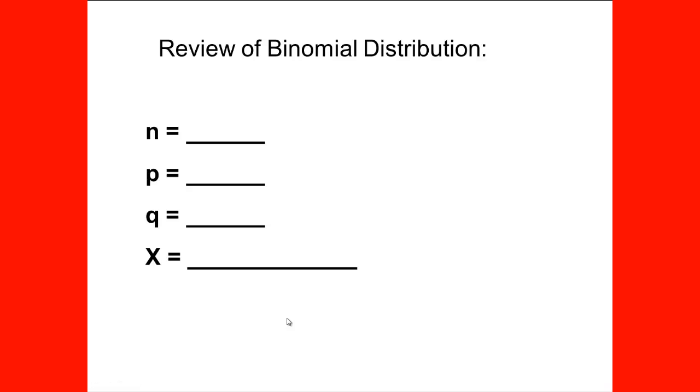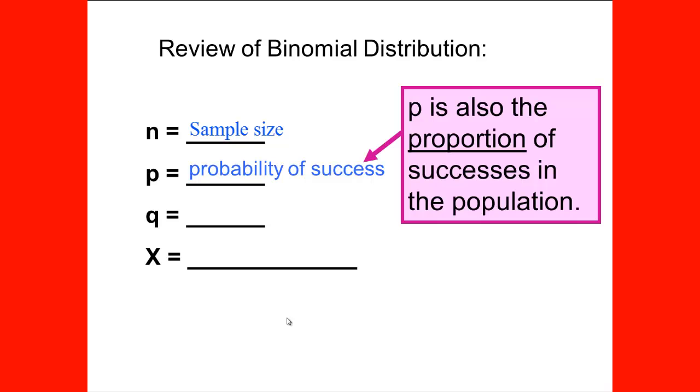As we continue our review of the binomial distribution, remember that we have notation and variables for the binomial distribution. n is our sample size. P is our probability of success. P is also the proportion of successes in the population.